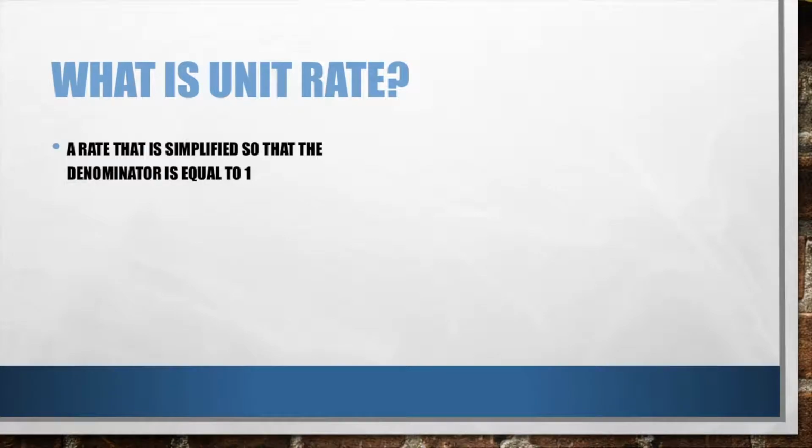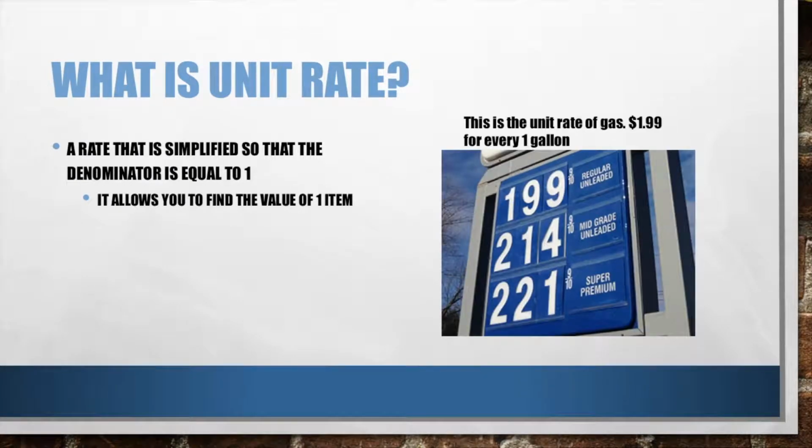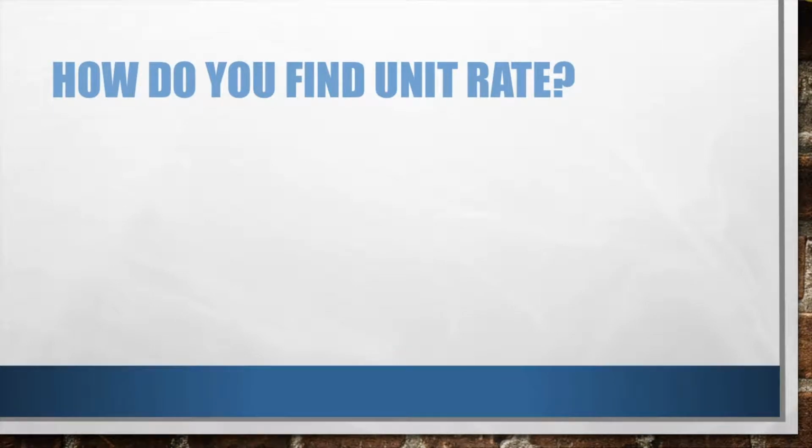Think about how much one Gatorade would cost, or how much one item from Checkers would cost. Maybe we don't want to pay for all 3, we just want to pay for 1. Another example is an ad for gas you see around town. $1.99 per gallon. You're paying $1.99 for every 1 gallon. That is a unit rate.